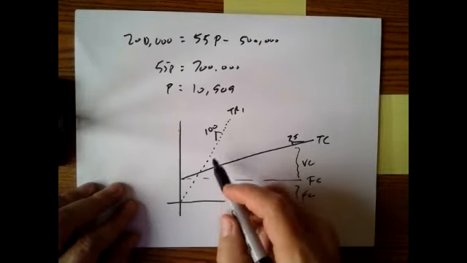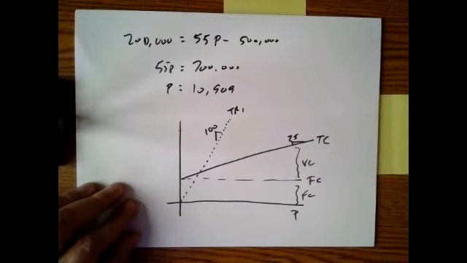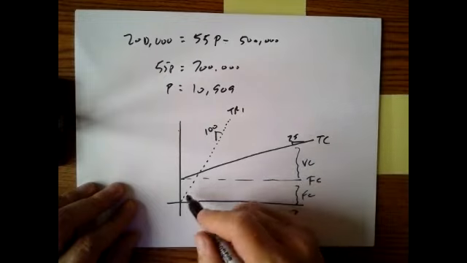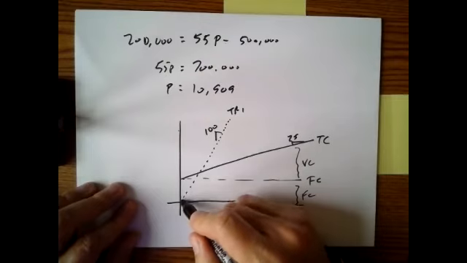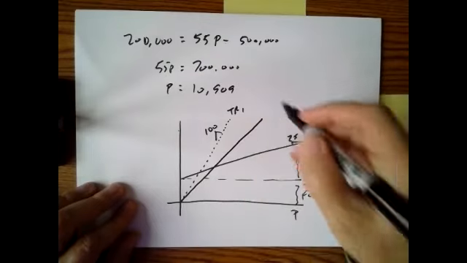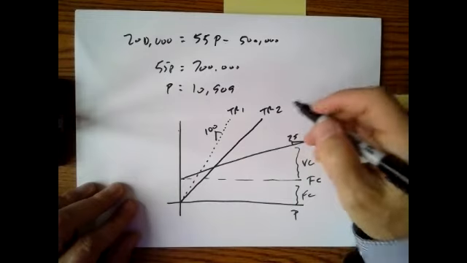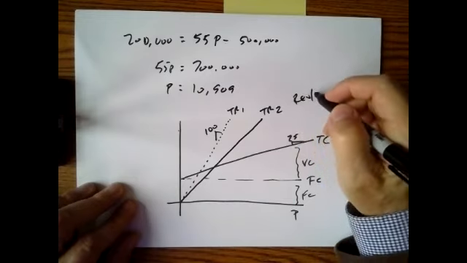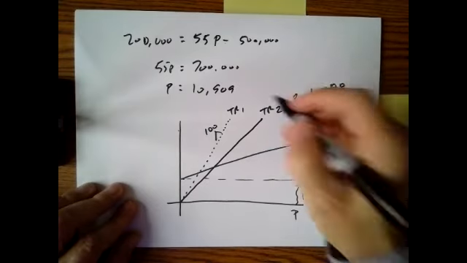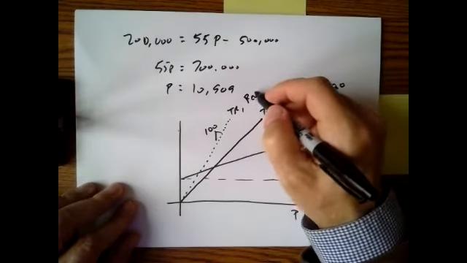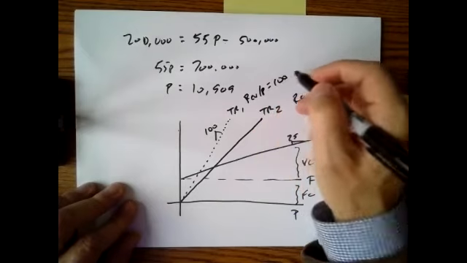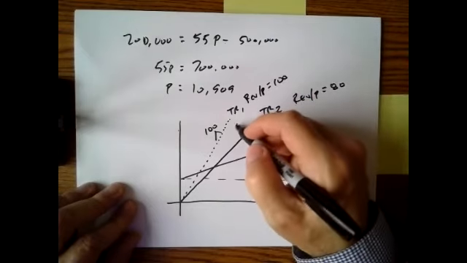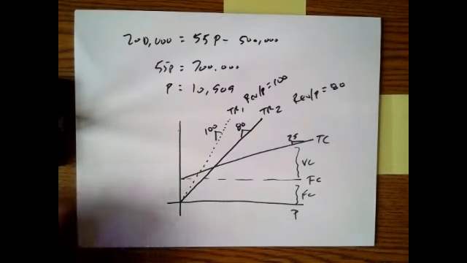So our new total revenue line will have a slope of 80. And since 80 is smaller than 100, that new total revenue line is going to be flatter than it was before. So TR2, where revenue per procedure is 80, whereas here revenue per procedure was 100, right? So now the slope is 80 as opposed to 100.